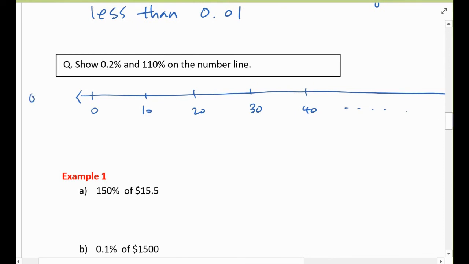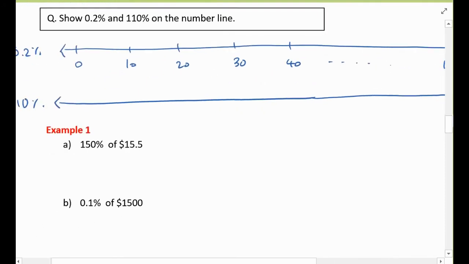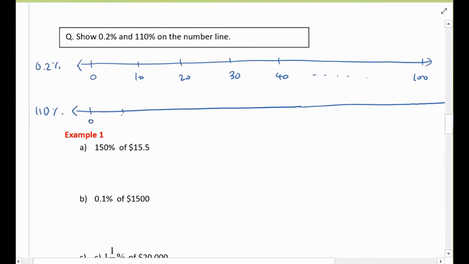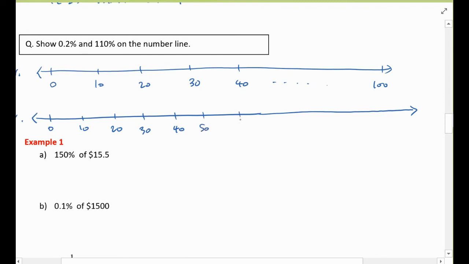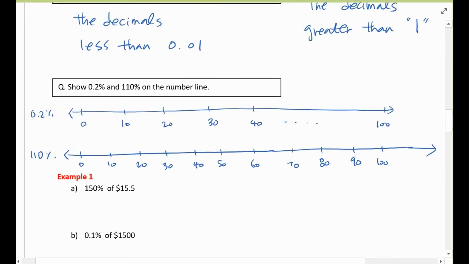So I want you to show 0.2% here and 110% on a number line. Go ahead, everyone.